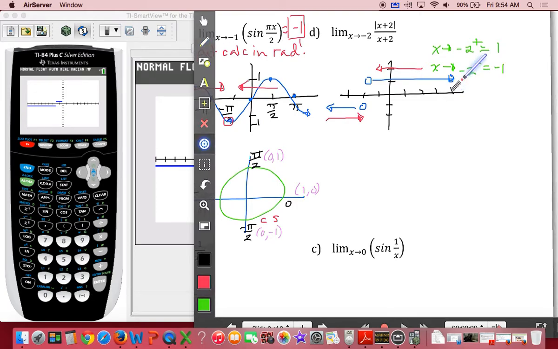Do the left and right limits agree? Yes or no? No. And so write yourself a note. These must agree. And they don't. So therefore, hold that thought, the limit, what does the mean girl say? The limit does not exist.